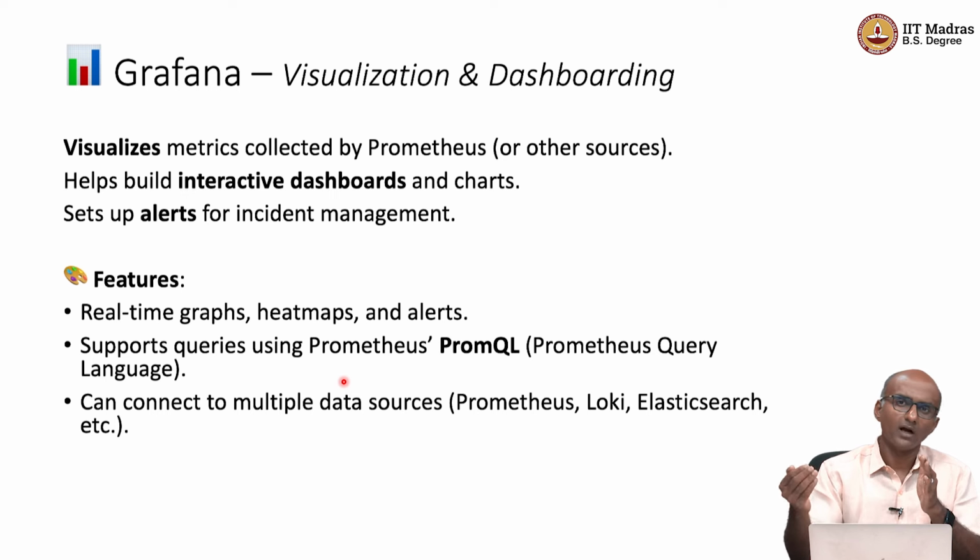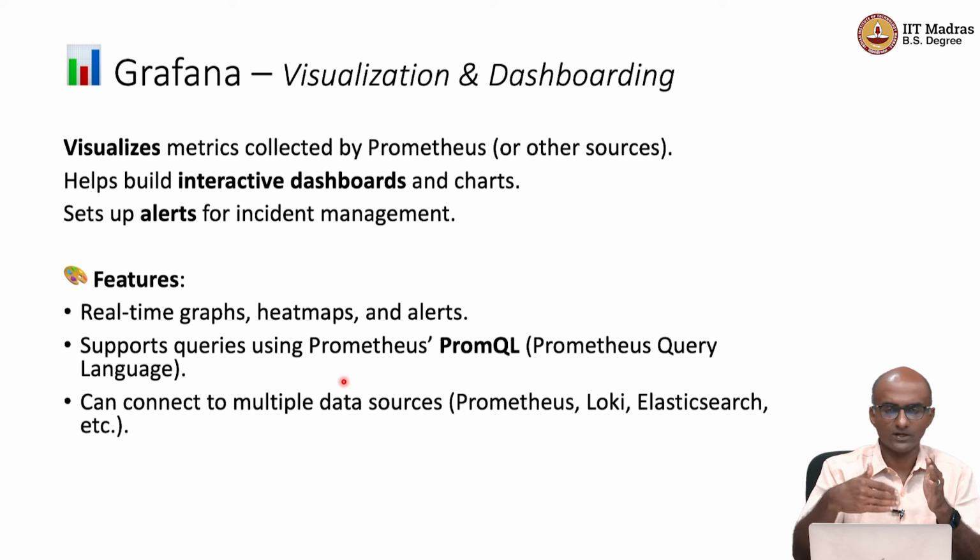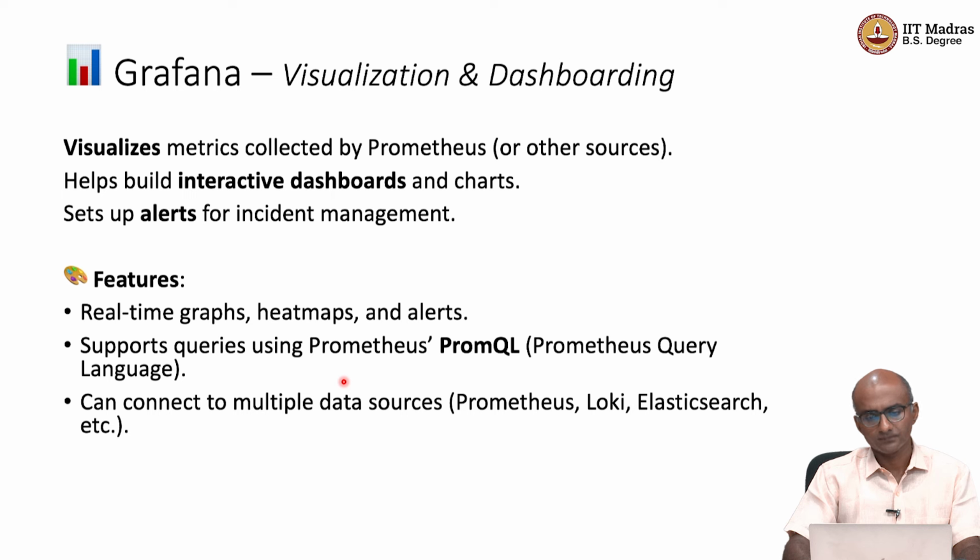Grafana allows you to now visualize these metrics, and not just visualize, but also do dashboarding, and do various other things. So together it's very powerful with both of these technologies.